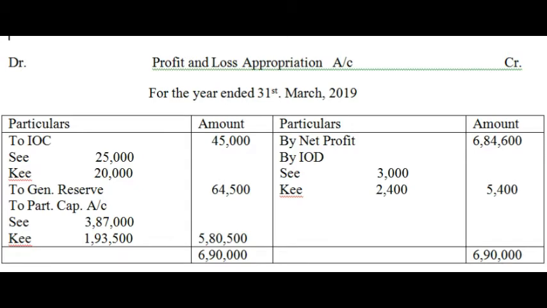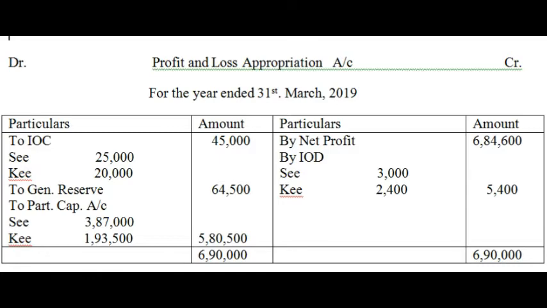Look at the format here. Profit and loss appropriation account for the year ended 31st March 2019. Remember, the nature of the profit and loss appropriation account is nominal, and as per the rule of nominal accounts, expenses are debited and incomes are credited. So on the debit side, what you are seeing is the expense for the firm, IOC, and IOD is the income received by the firm.